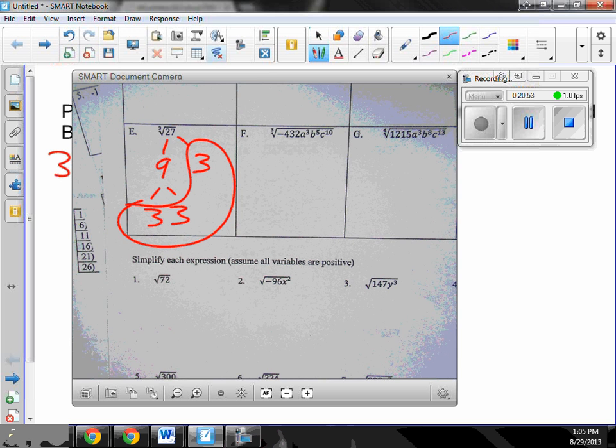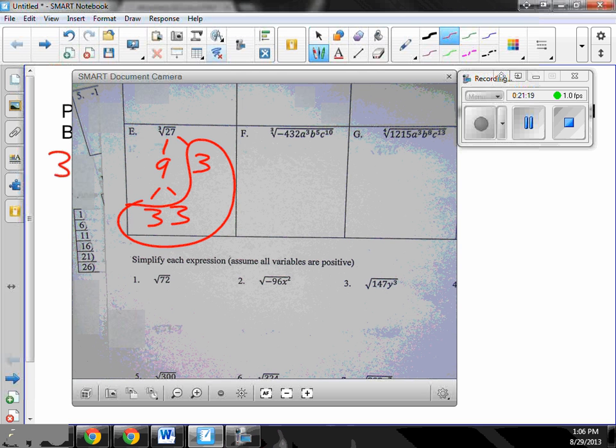What's left? Nothing. And nothing is not 0, it's 1. Wait a minute. I thought 0 was nothing. In addition, 0 is nothing. In multiplication, 1 is nothing, because 1 times a number is that number. All right.